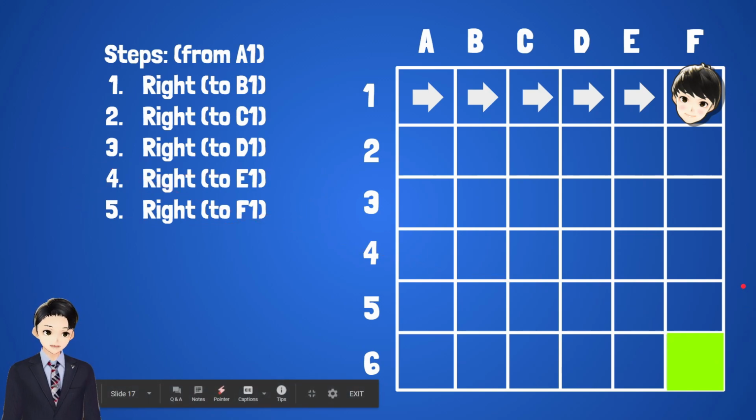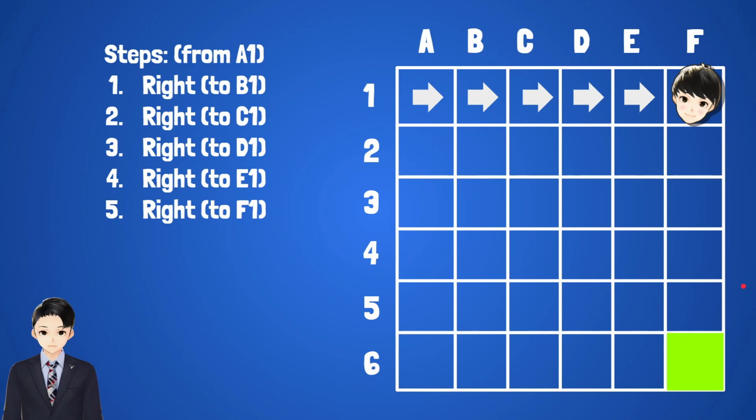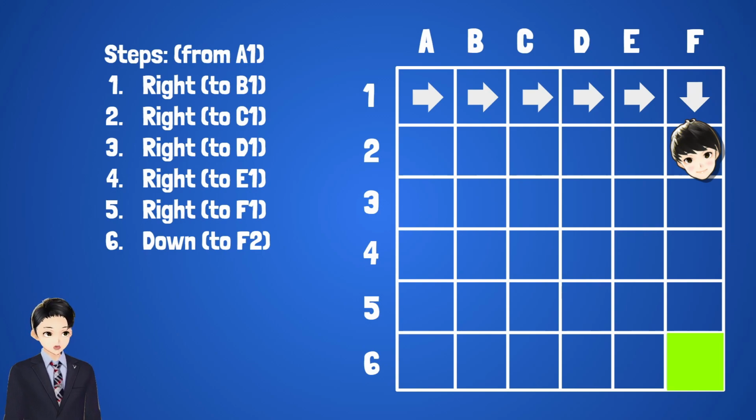Let's go to F6. From F1, he is going to go left, up, right, or down. Correct. He's going to go down to F2.